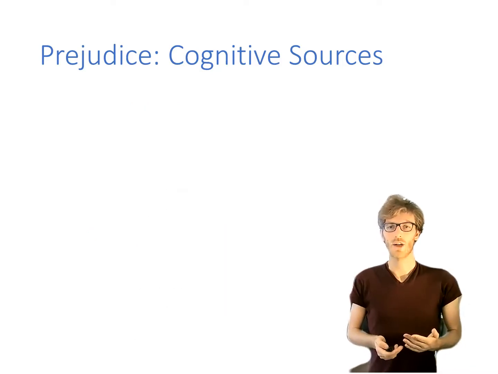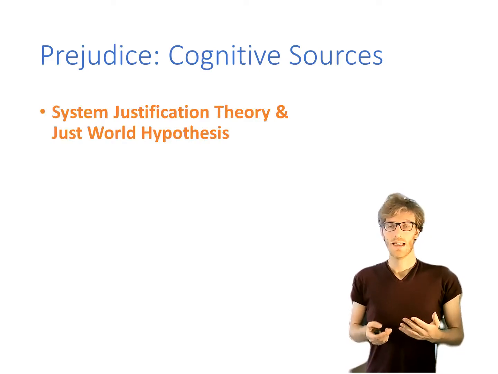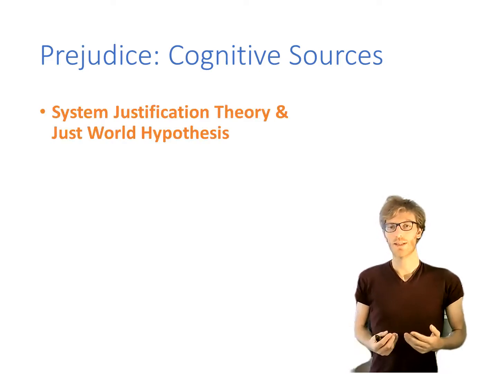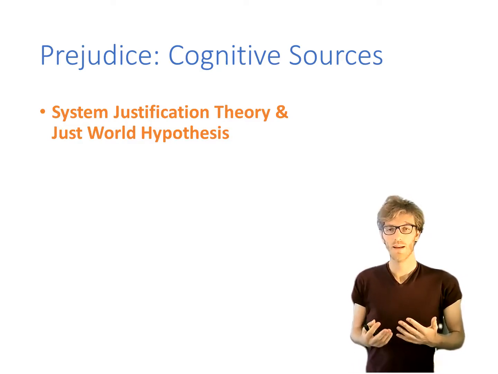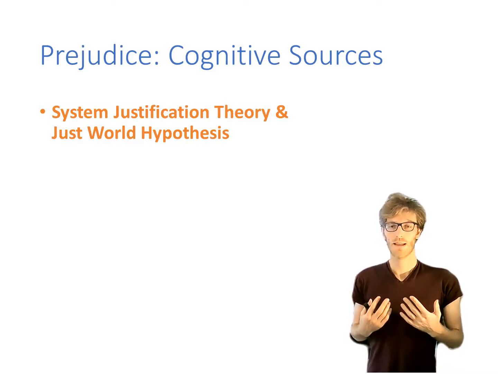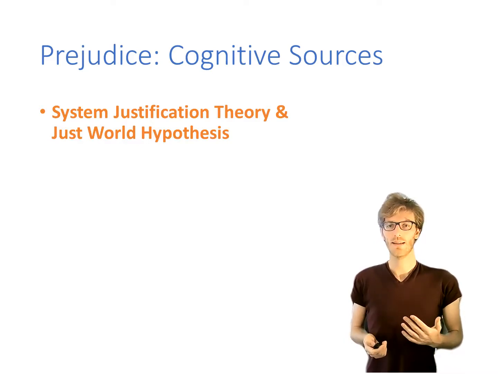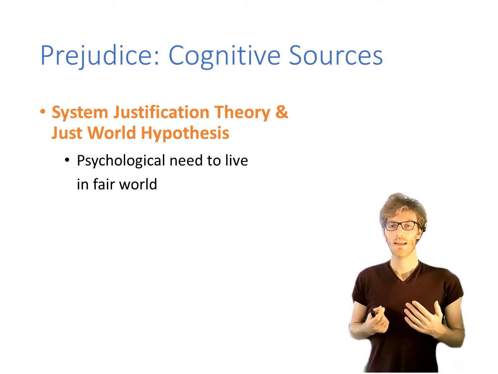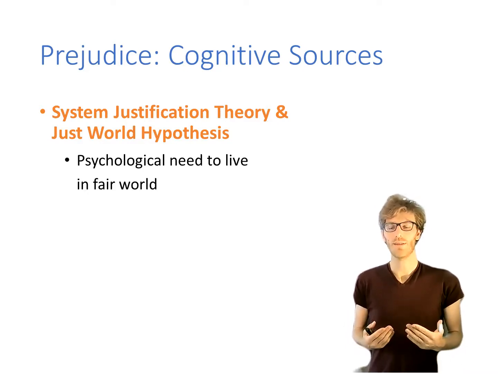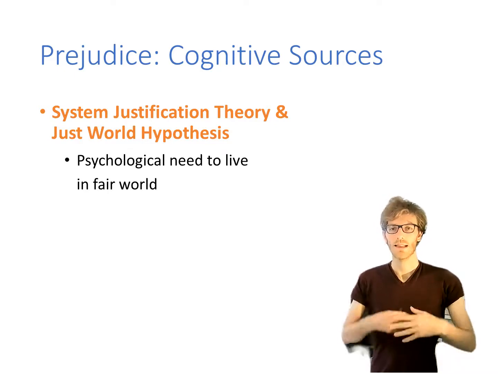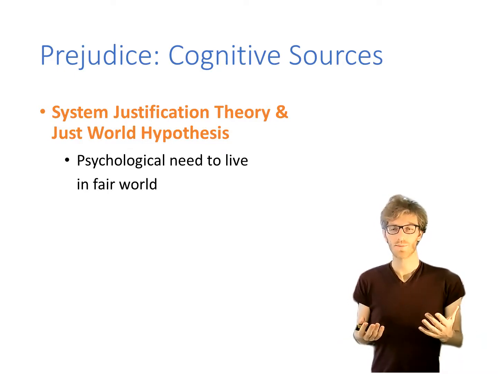And a final cognitive source that's very potent is this idea of system justification or just world beliefs. And the theory here is that we all feel a lot better if we can believe that we live in a world that's generally just and fair.